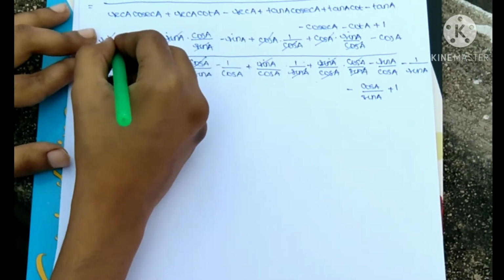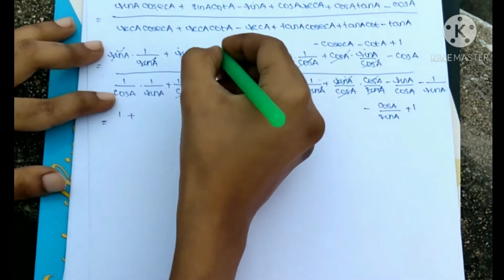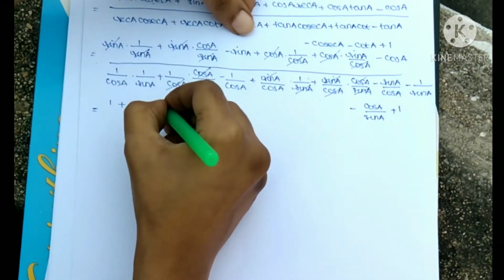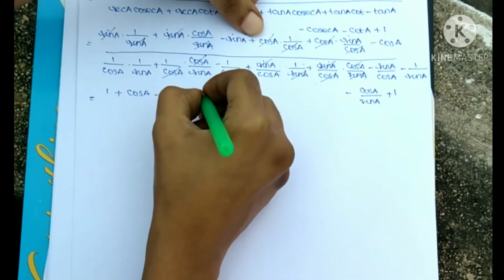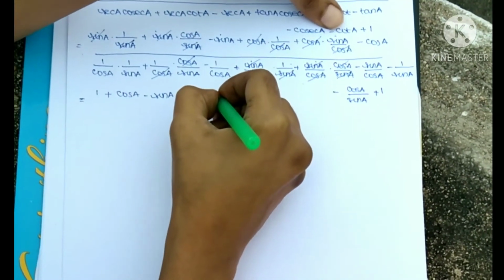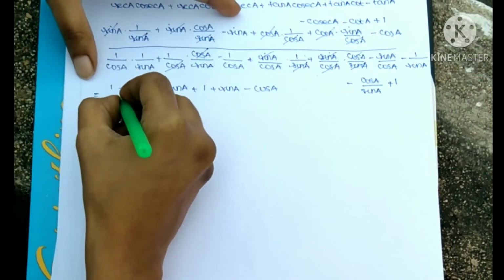Shall I write? If this sin A gets cancelled, we have what remain? Just 1. Here see, plus cos A remaining, here minus sin A as it is. Cos A cos A get cancelled, what remains? Plus 1. Here sin A remaining and minus cos A.